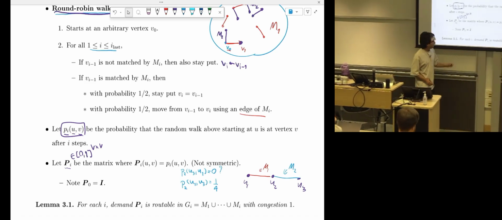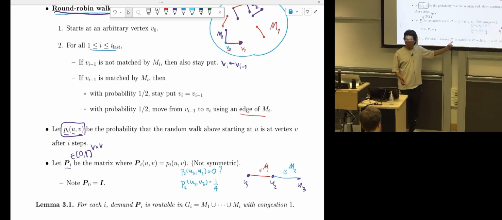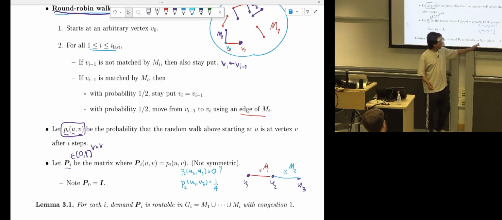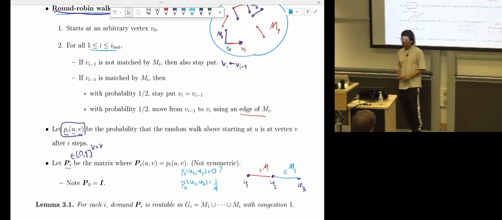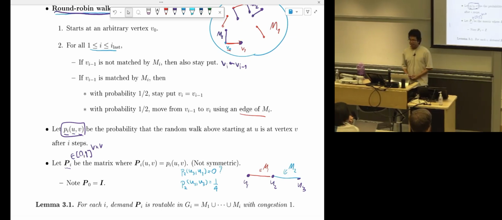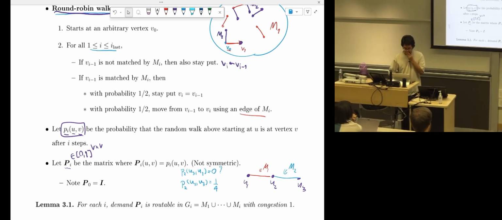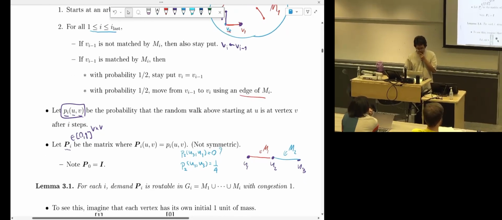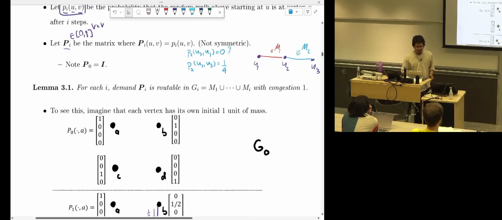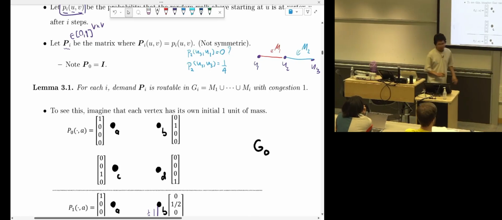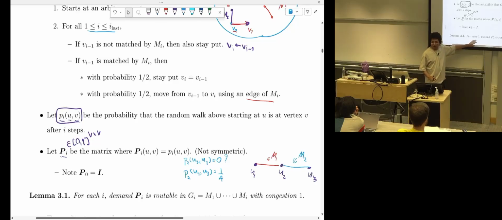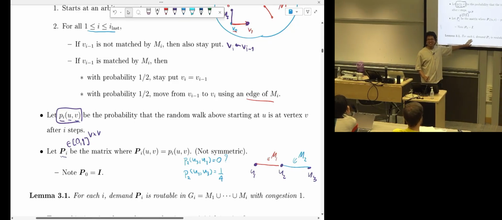The claim is that when you look at P_i as a demand, this demand is routable in G_i with congestion 1. Before I go to the proof, at least does the statement make sense? You don't need to see why, but yeah.